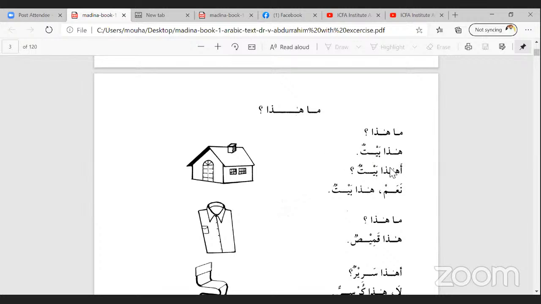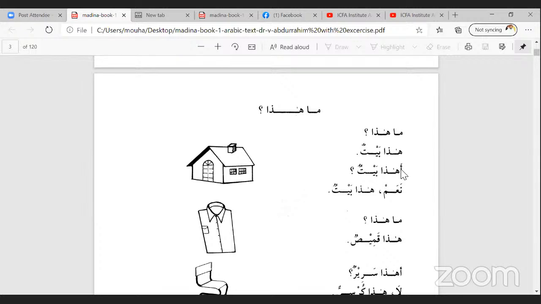Now we have one thing new here. هذا بيت means this is a house. Now you have Hamza with Fatha right before the sentence of هذا بيت, followed by a question mark. That means it is a question. So another form of asking a question is to put the particle Hamza at the beginning of a statement.